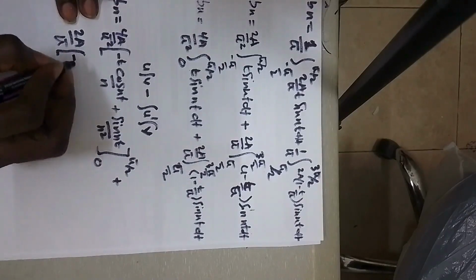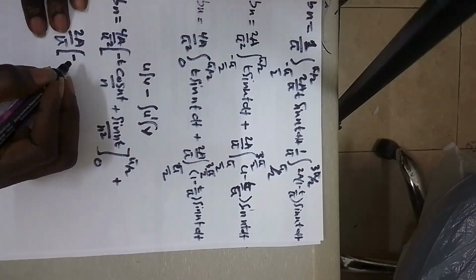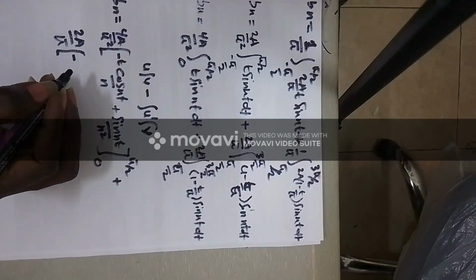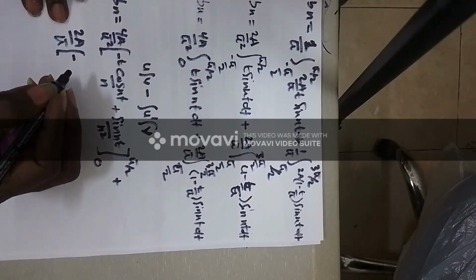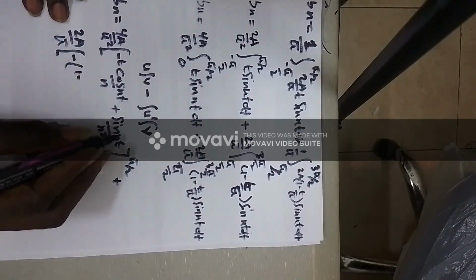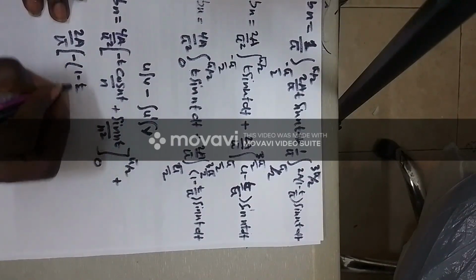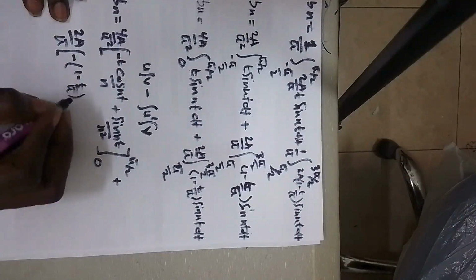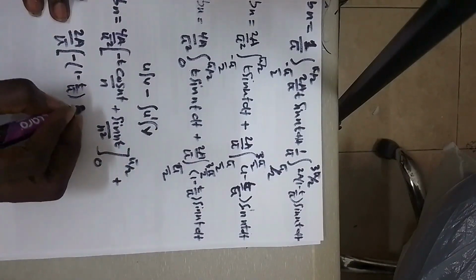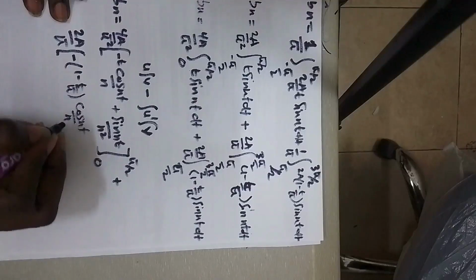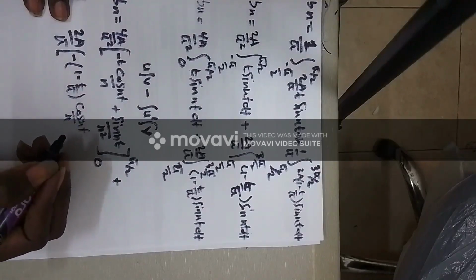In that case, I'll get minus into bracket 1 minus t on pi, and then I'll integrate this one. I'll have cos nt over n.